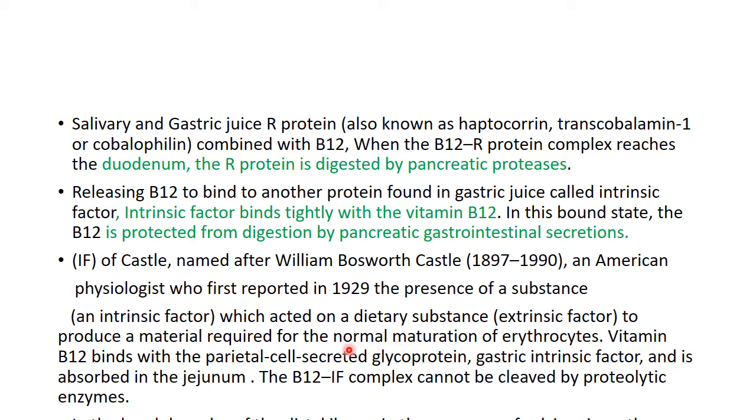B12 is essential for the normal maturation of erythrocytes. In the combined form, the B12 intrinsic factor complex cannot be digested by the proteolytic enzymes.